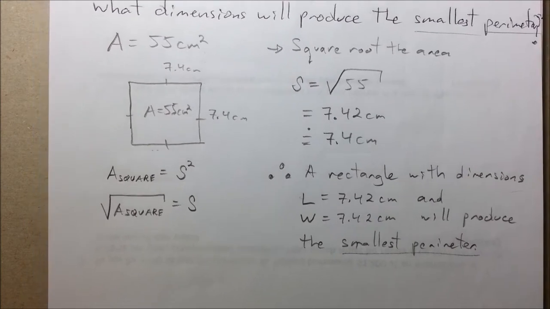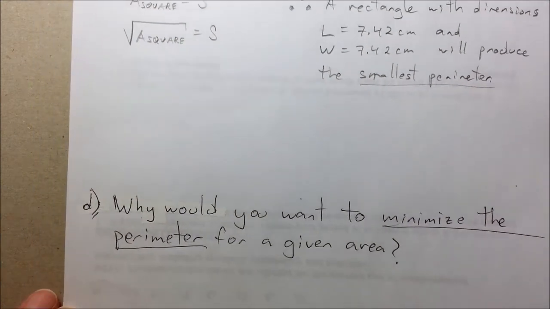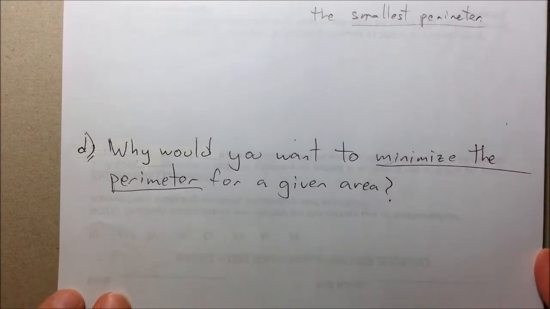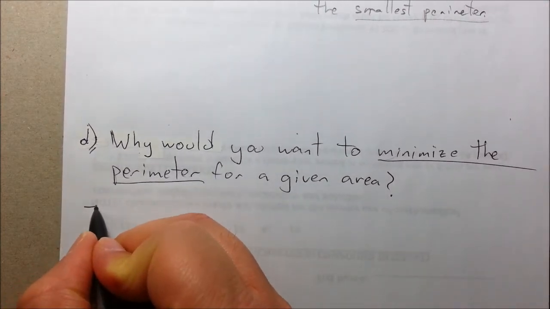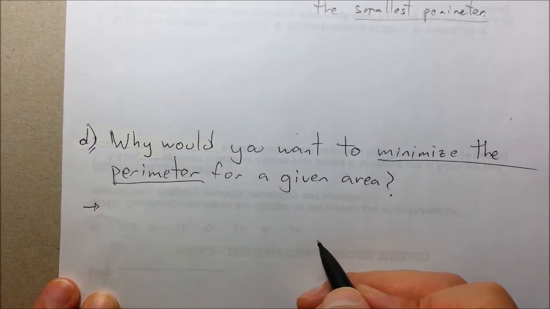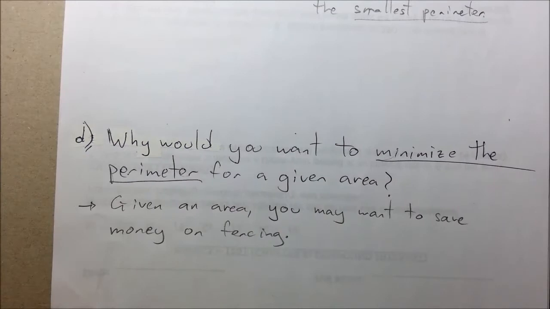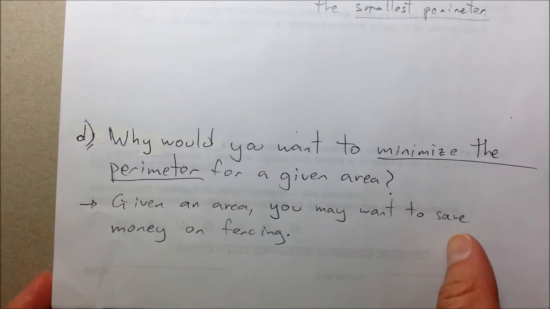And our next question would be, why would you want to minimize the perimeter for a given area? Well, this is up to you, but you can imagine you may want to save money. Given an area, you may want to save money on fencing. You may have other examples, but that's my answer.